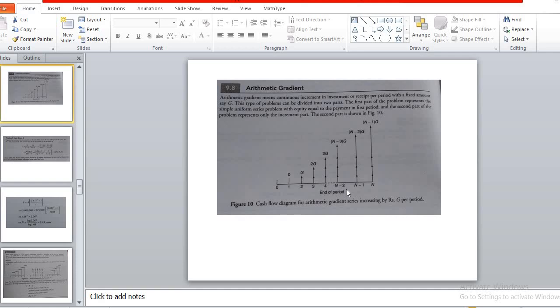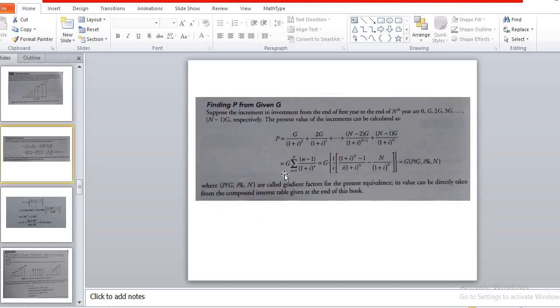One has a fixed installment each year, and in this amount, after each year there is some increment of equal amount. This is called an arithmetic gradient, which we will explain through some numericals.